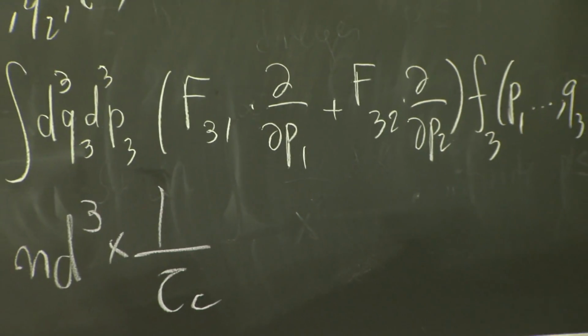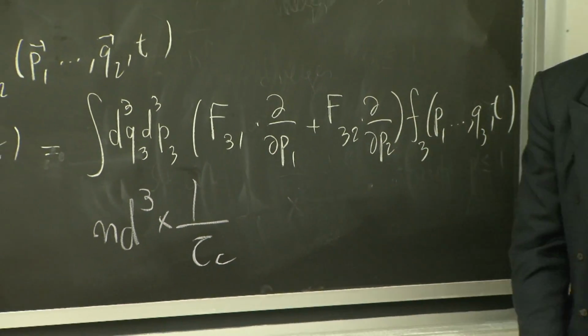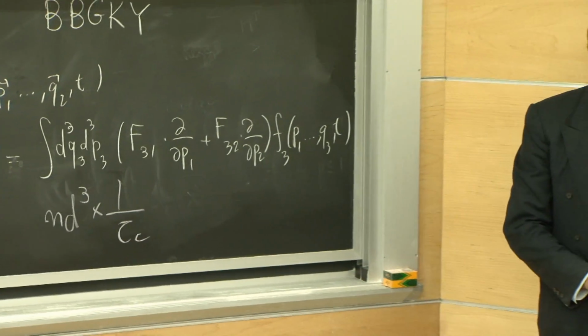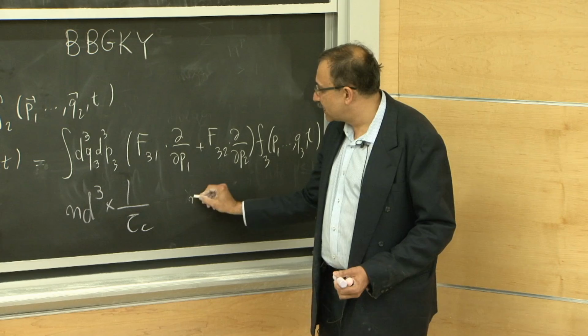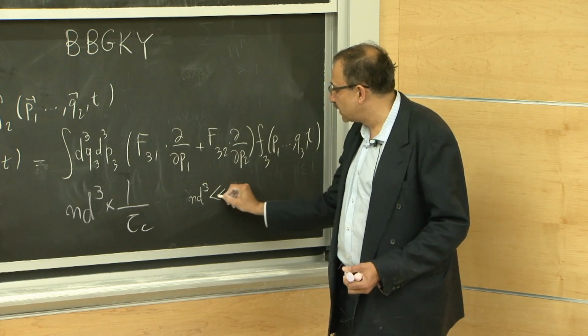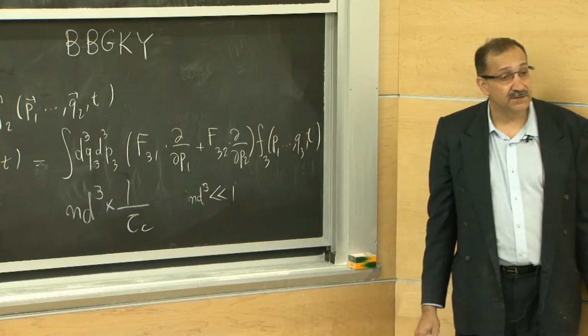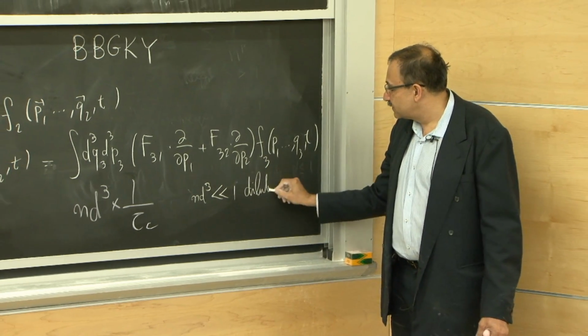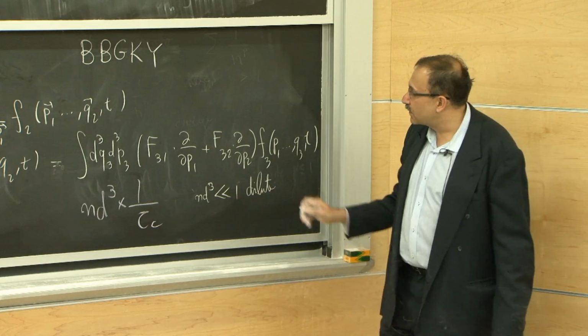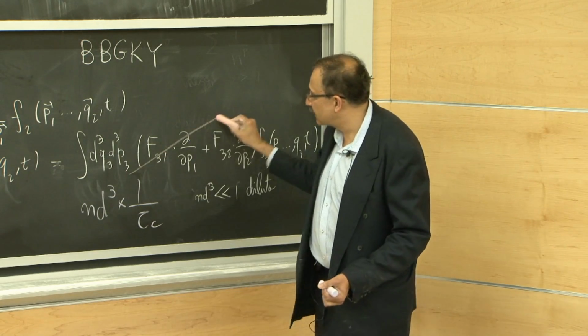And in fact, this will be true for every equation in the hierarchy. So maybe if I am in the limit where nd cubed is much, much less than 1, such as the gas in this room, which is called the dilute limit, I can ignore the right-hand side. I can set the right-hand side to 0.